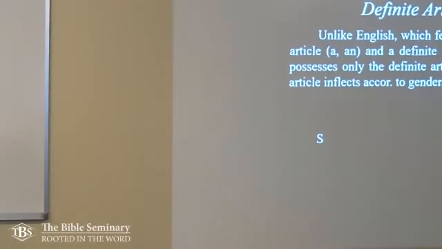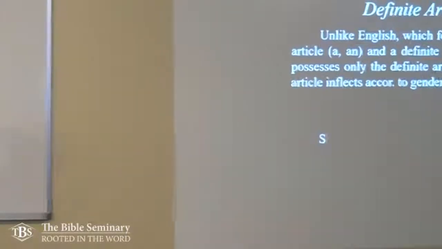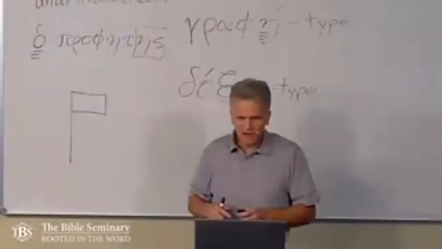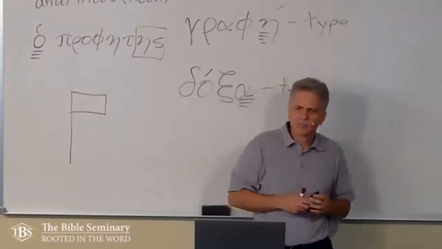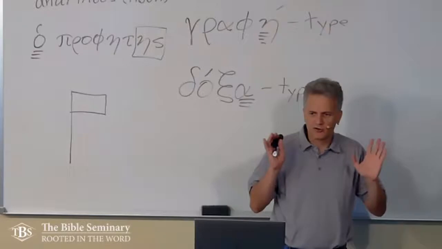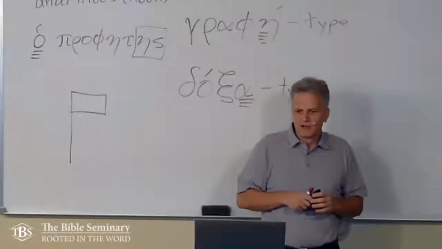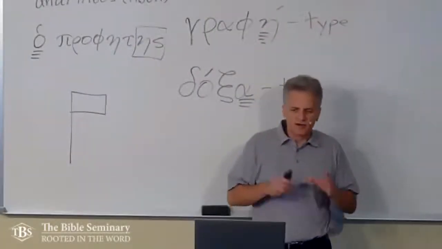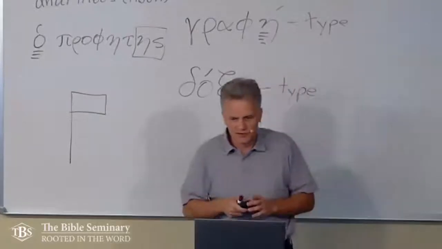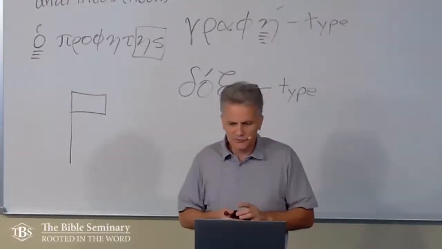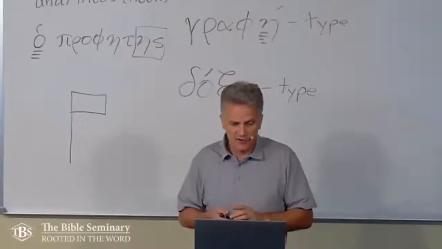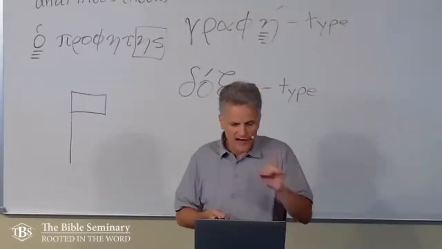Oh, yeah, okay. There's one thing I forgot to pull out. Now this is not our final slide, but our last major area to talk about. Unlike Greek, English features an indefinite article, a or an.